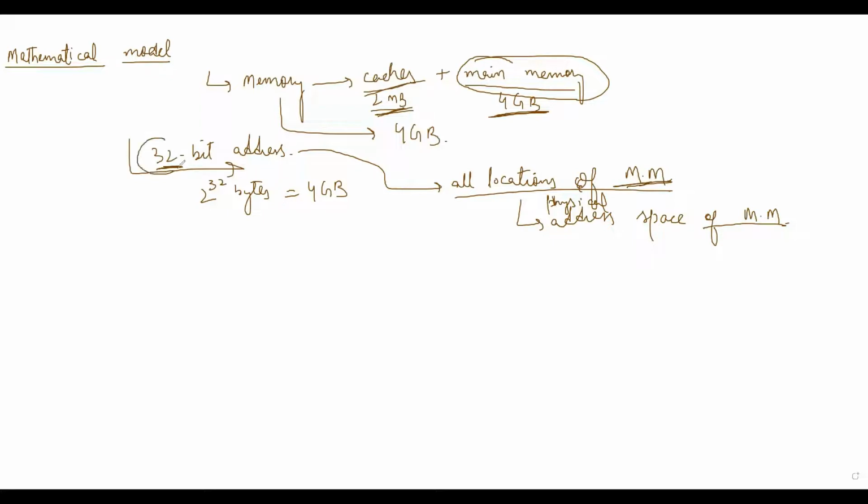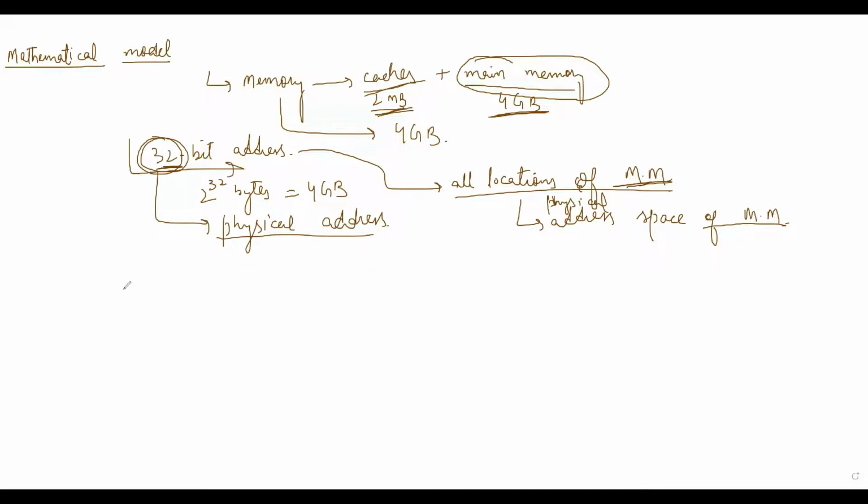And the address that is used to map these locations of main memory is called a physical address. So in simple words, physical address is the address of a location in main memory, and physical address space is the set of all the locations that are there in the main memory.